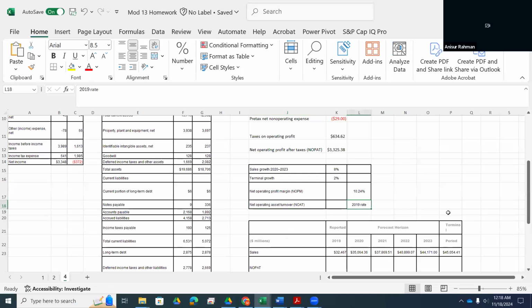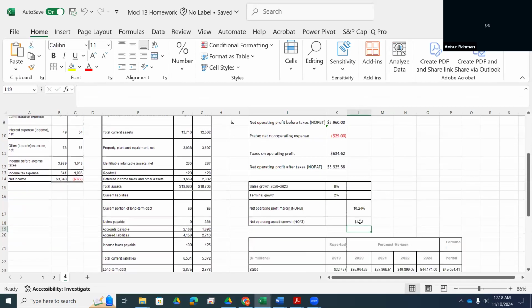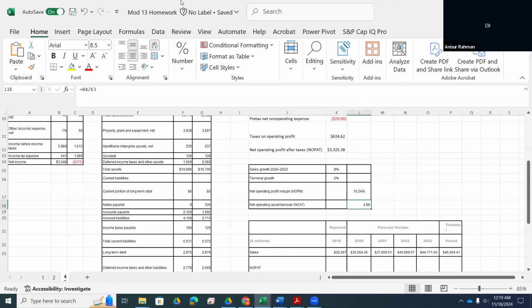So I'll delete this and enter equal. Our sales is this divided by net operating assets, which we calculated here. Again, this should be a ratio, so it will be a number, comma, up to 2 decimal is fine.